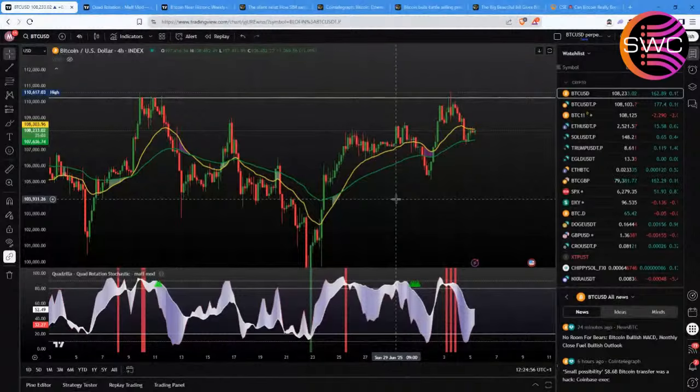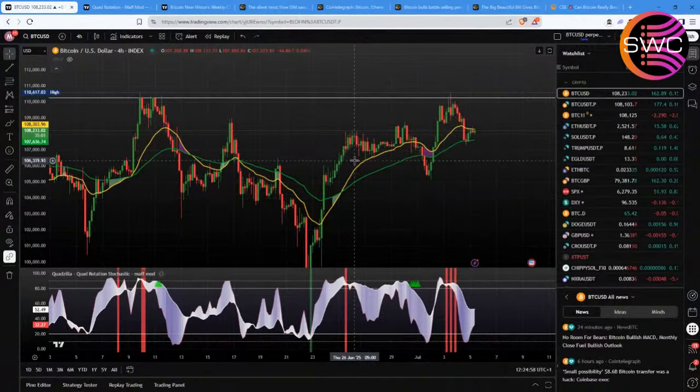So I was just going through setting support and resistance levels, and in this case going into the 4 hour, a slightly higher time frame.